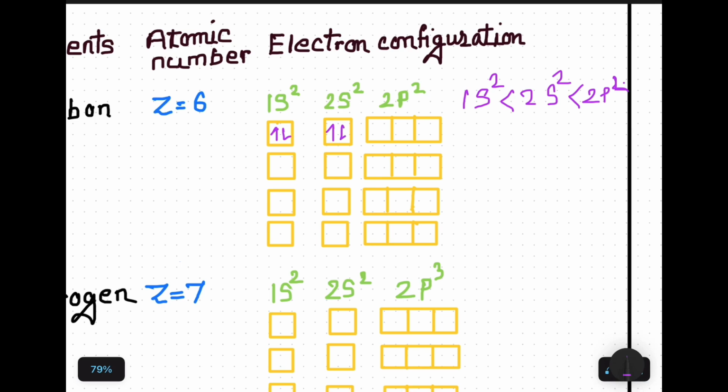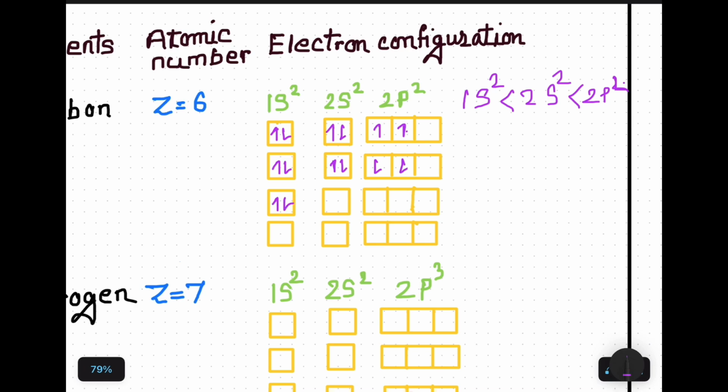and then Hund's rule will apply for the 2p orbitals. Here you can see this subcell has more than 2 orbitals and the electrons will fill singly in each orbital and they will not pair up. And you can see both the electrons are in the upward direction, meaning they have the same spin, that is the up spin, or they can also have the down spin.